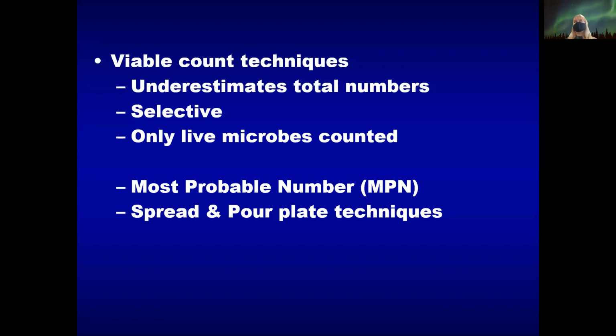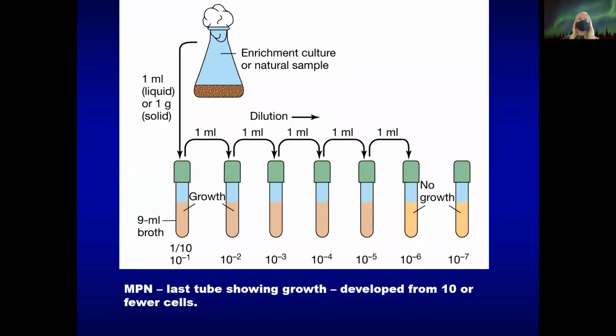Basically the pour plate, instead of spreading your serially diluted sample onto the agar, you mix it into the agar and then you pour that into a plate. So then the microbes are in the agar and then they're also on the agar. To me, it doesn't really make sense to do it that way because there are other ways. It's not as accurate when you do counts. It's something that you'll see in the older literature, but I would never really recommend it. The spread plate is much better.